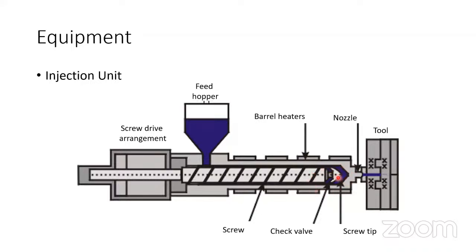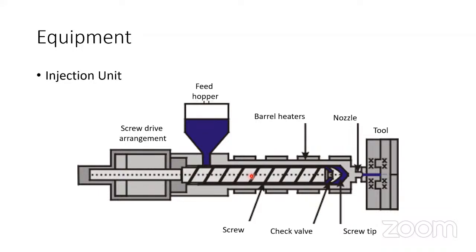Now, this plastic material gathers here at the front side of the barrel, at the front side of the screw tip, and that material has to pass into the mold. How does it pass? Here, the screw is now here, the tip is now here. And in that type of injection, the screw comes forward like this, without any rotation.